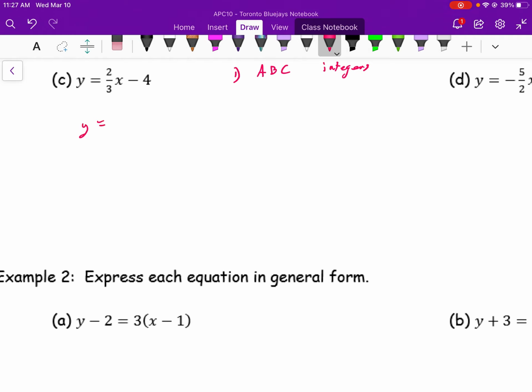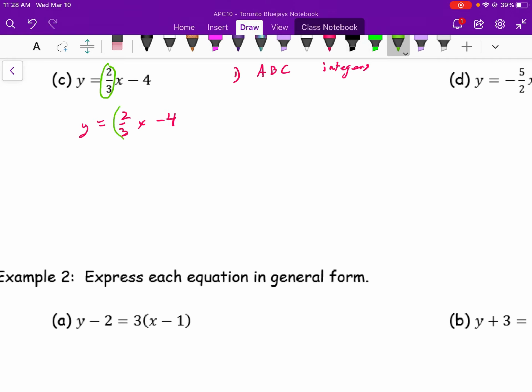So here's what I'm going to do. I'm just going to simply rewrite my equation, and I'm going to ask myself, I wish there was a quantity that I could multiply this coefficient so that it is an integer.